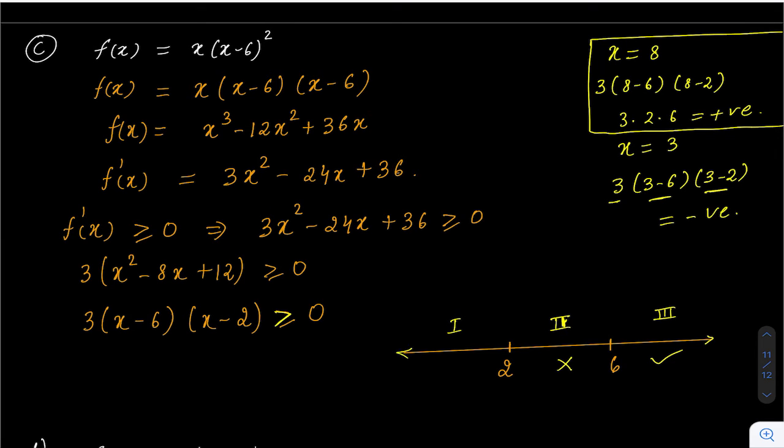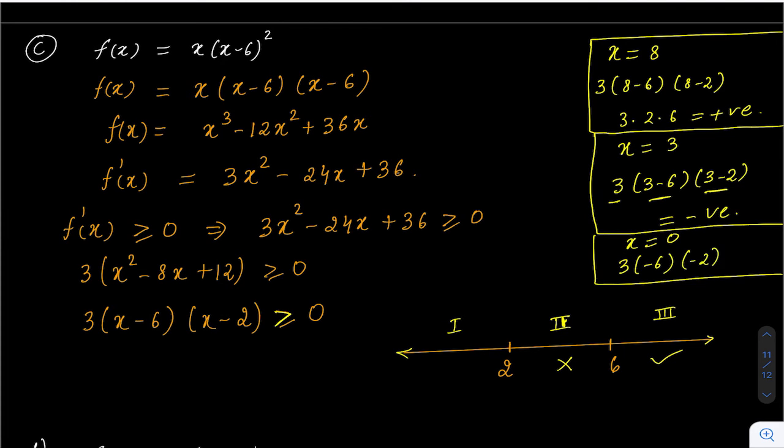So similarly, you find any value in the first region. For example, you can take x equal to 0 because x is less than 2 here. So let's take 0 value. When x is 0, you will get 3 into (0 minus 6) into (0 minus 2). So I will get something positive. I just need to find whether it's positive or negative. I don't need the value. Okay, it's positive. We need positive. So this will be our answer.